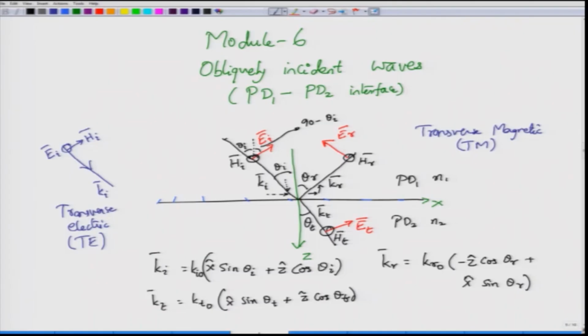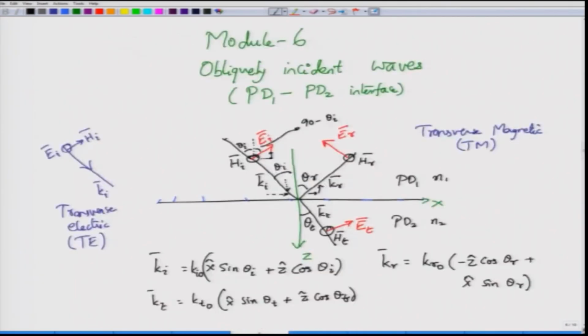So, I have one component of electric field EI directed along the minus z direction, right. So, that would be this one, and then I have an electric field directed along the plus x direction, which is along this one, with of course the sine and cosine considered appropriately, right.